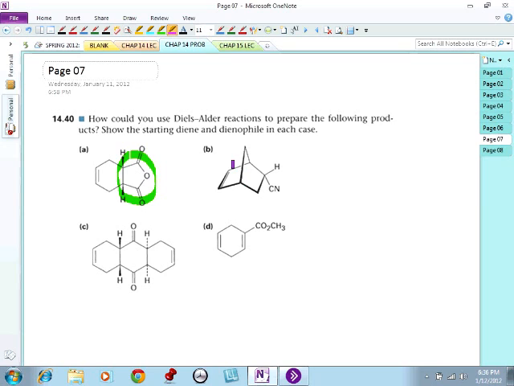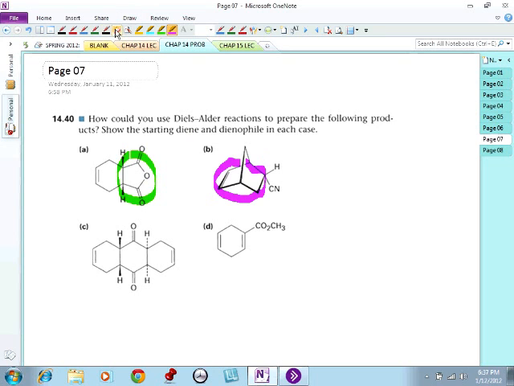Forget the bridge. Let's go to the bridge. So ignore the bridge. This bridge here, ignore it for now. That is the 6-member ring from the Diels-Alder reaction, right?